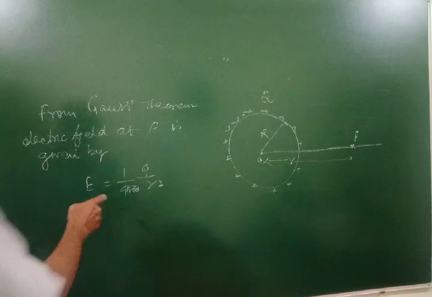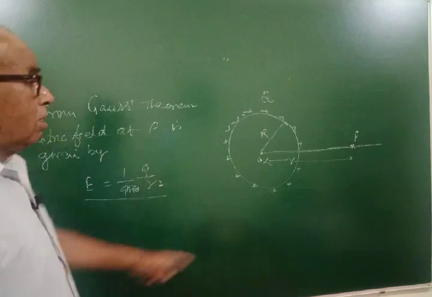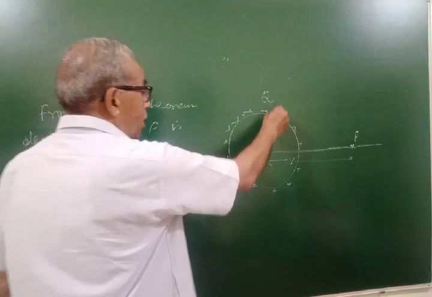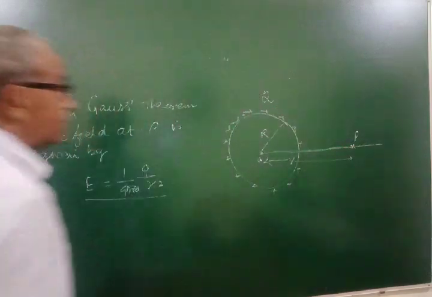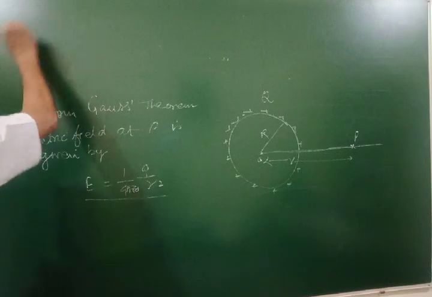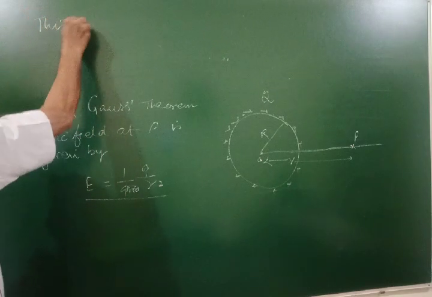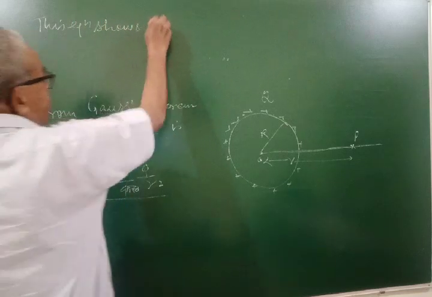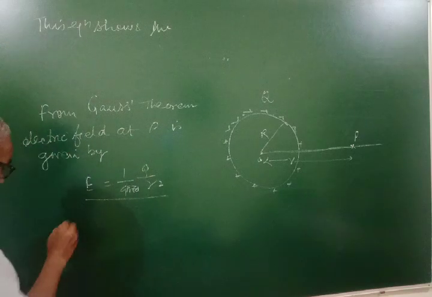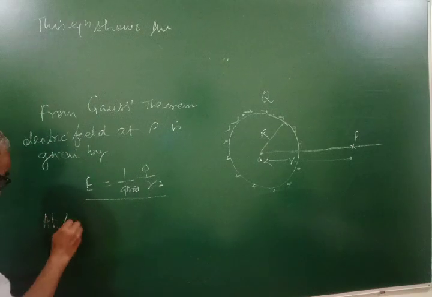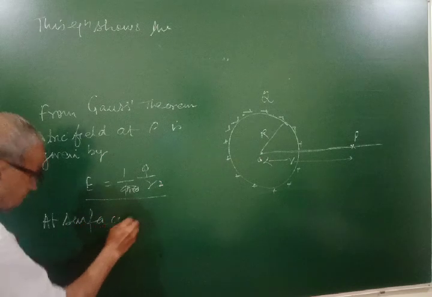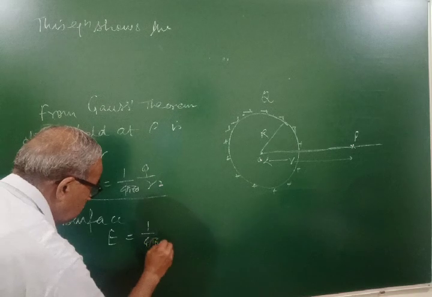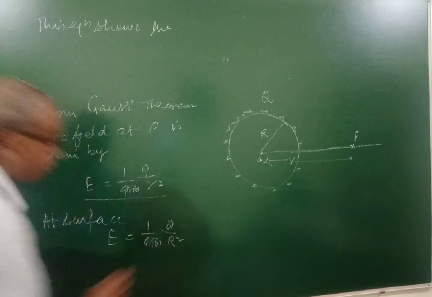From this formula it appears that the whole charge is at the center. And if this charge is at the center, then we get the potential due to a point charge Q. At the surface, E equal to 1 upon 4 pi epsilon 0 Q by R square.